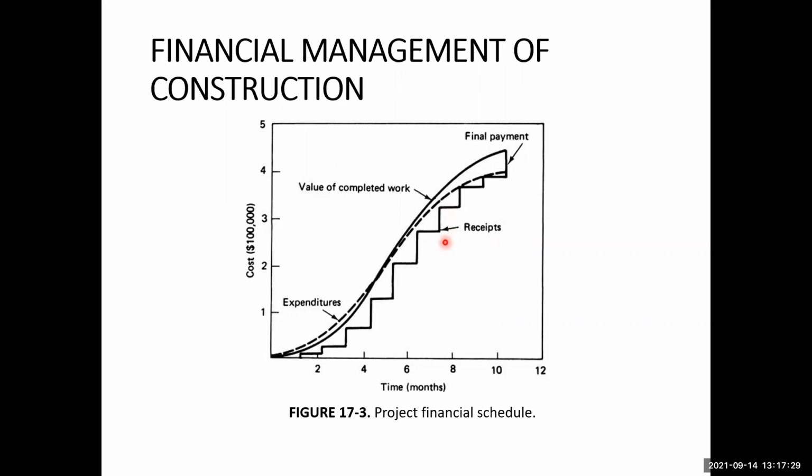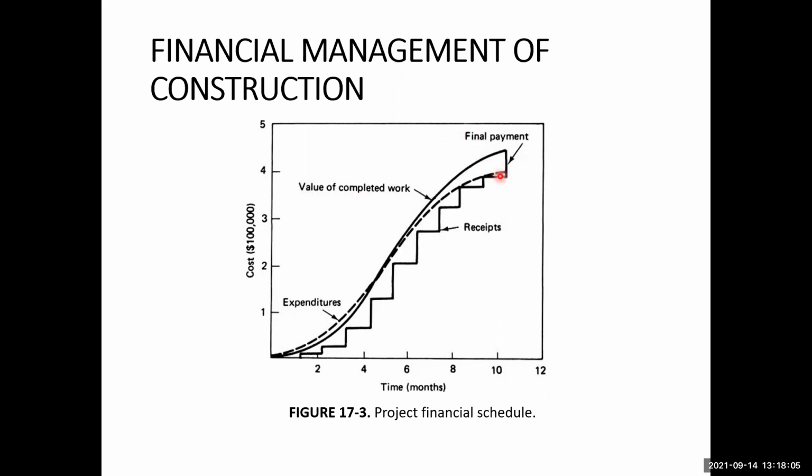So the reason in short is that this is a stair curve because the contractor gets the payments at specified periods of time. It is not continuous. It is lagging behind because the payment is only made after some time period when the bill is submitted, and also because there is a normal retainage practice on the contractor's bills.